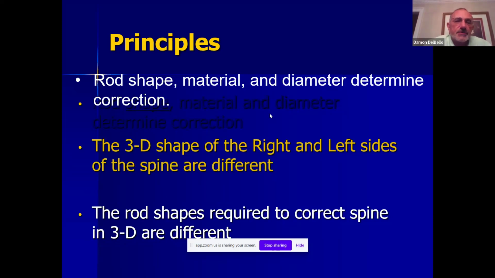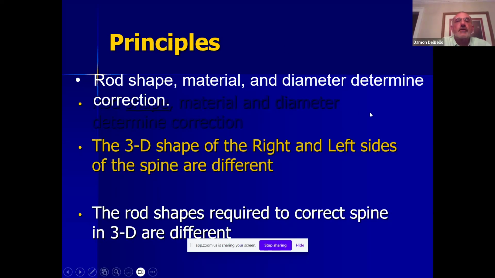We need to consider how stiff the curve is. We need to consider the sagittal balance and what it looks like, how much change in the kyphosis and lordosis we have. And the shape of our rod will determine what our final construct and what the spine will look like afterwards.